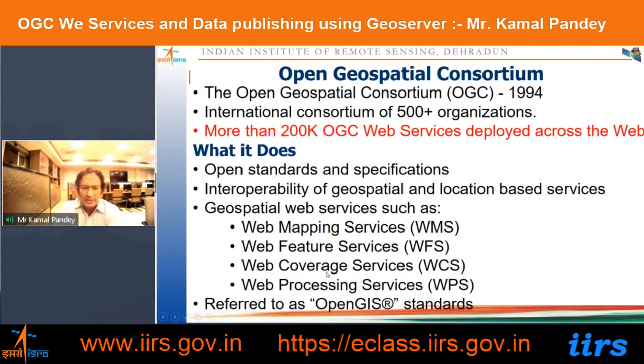So all the raster data sets are covered with WCS, and there is actually one more web service that is called web catalog service. Sometimes we can also write it as CWS. Okay, this is a coverage web service, CWS.